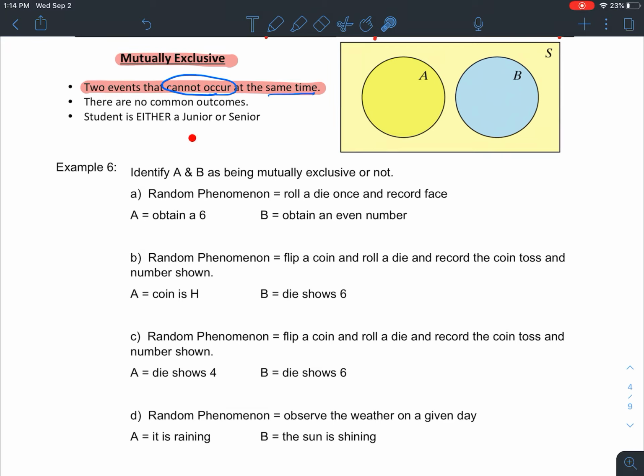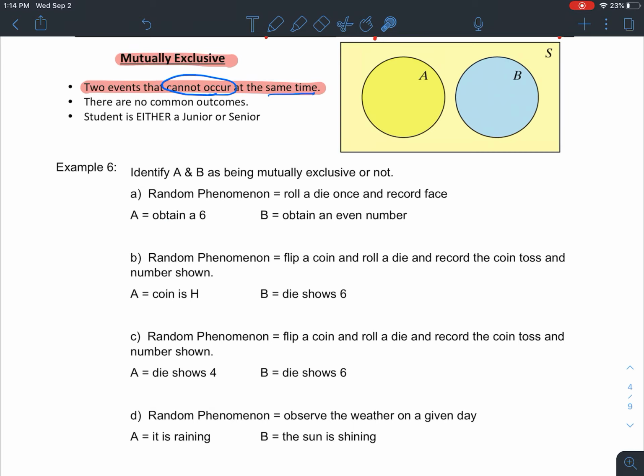So, for example, you could not have a student who is both a junior and a senior at the same time, okay? So you can see this demonstrated here in this Venn diagram. Again, everything in the rectangle represents the entire sample space, but you'll notice how the 2 circles designating event A and event B, they have nothing in common at all. So they are completely separate.